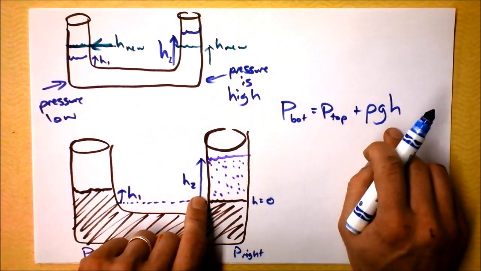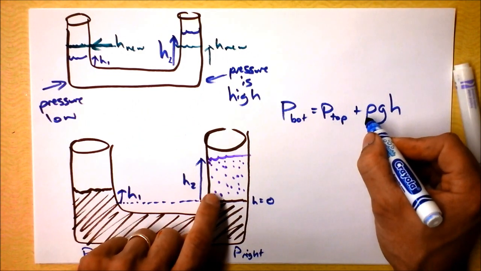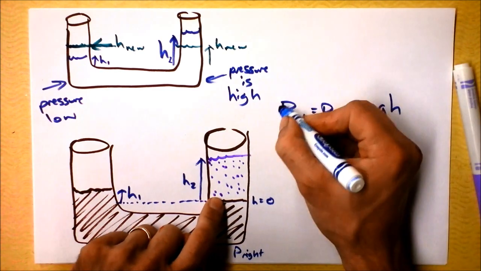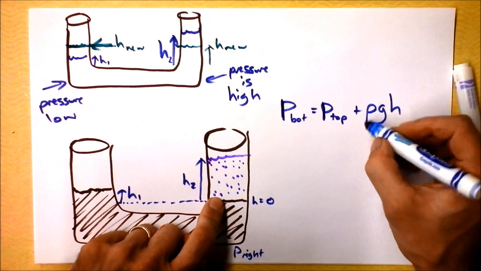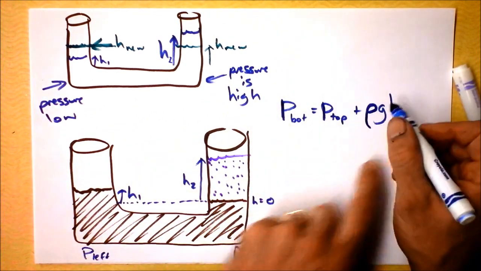These heights are different, not because g is different, but because density is different. Let me emphasize that this is a straight line, this is a straight line, and that's a curve. This is the density of the fluid.